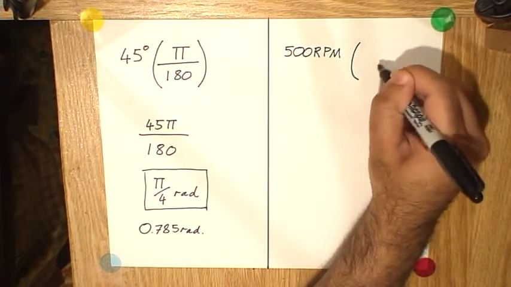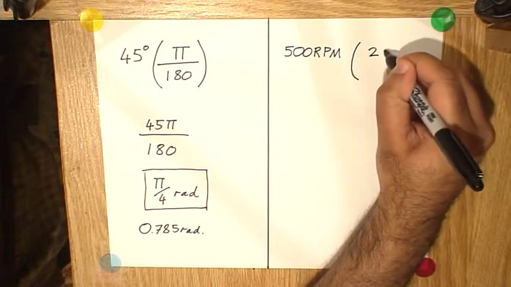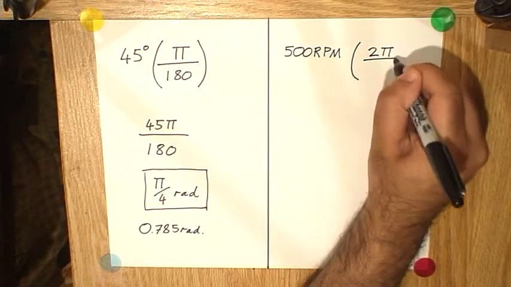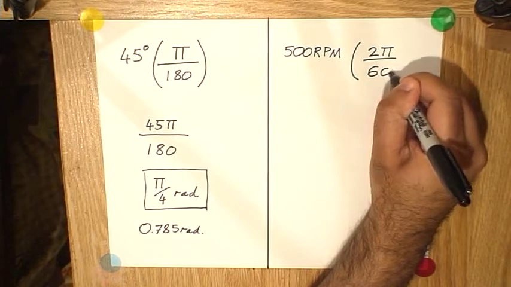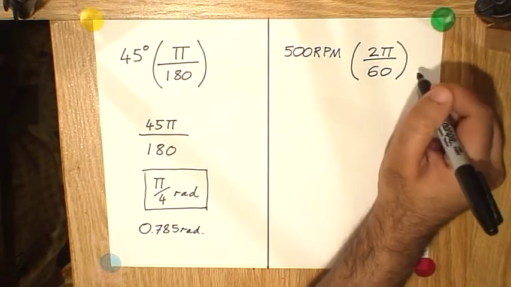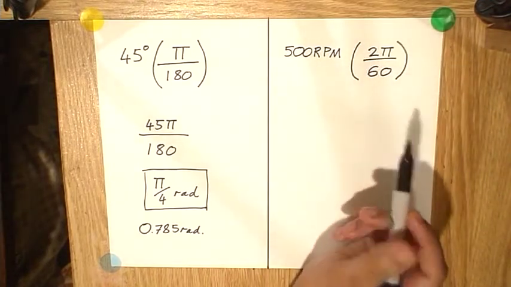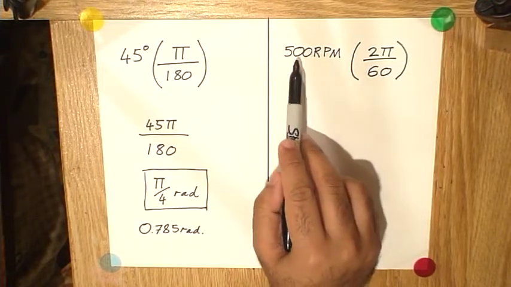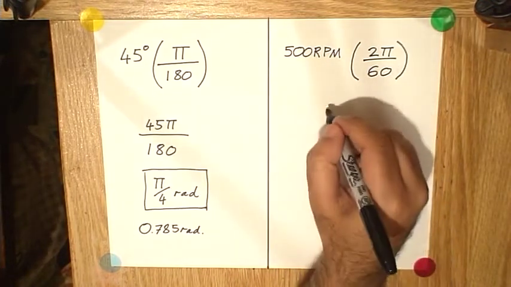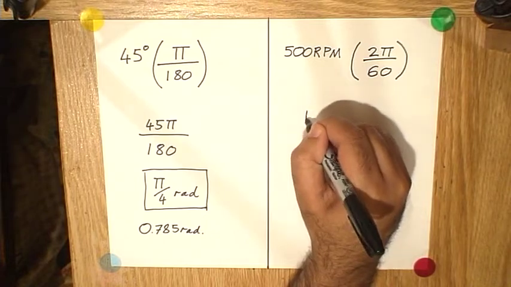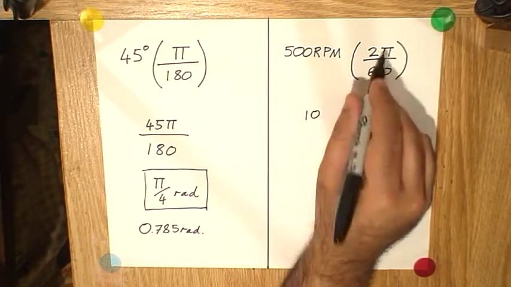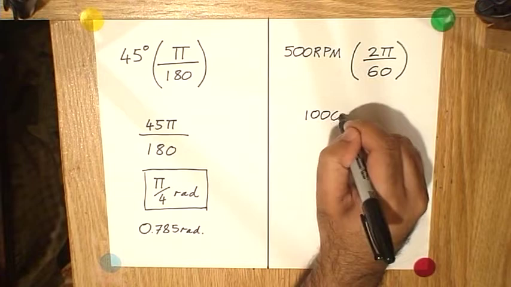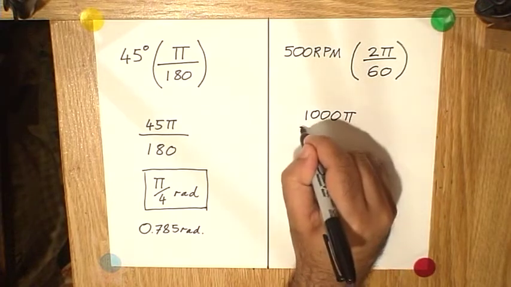The conversion is we multiply it by 2 pi over 60. So, similar sort of process as what we did over here. We multiply everything across like a fraction, and that's going to give us 500 times 2 is 1,000 pi divided by 60.